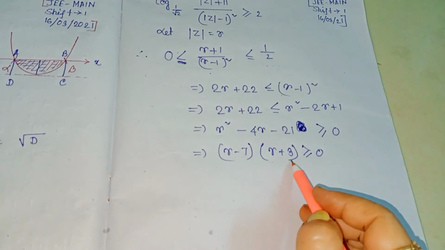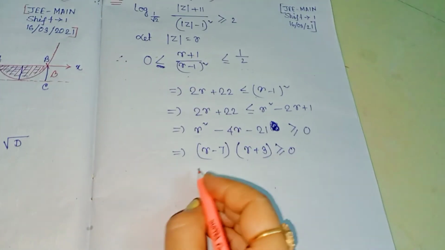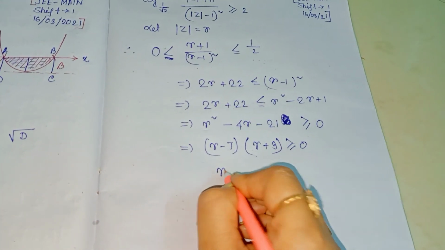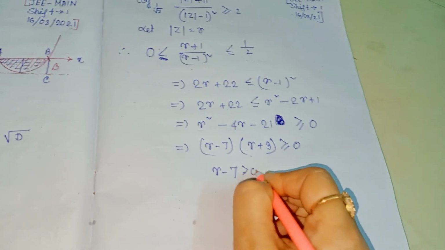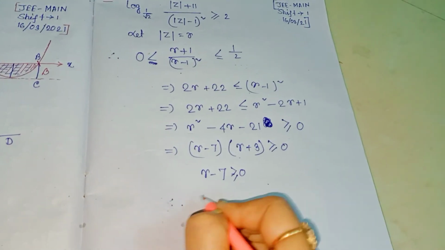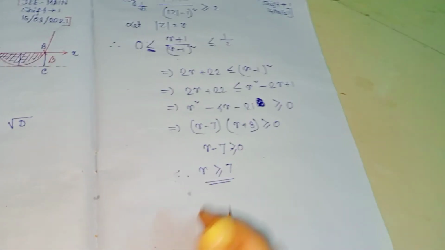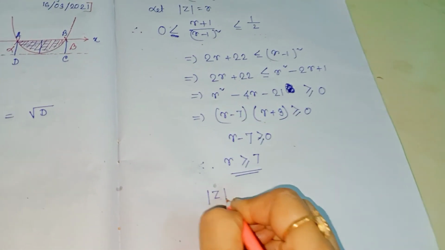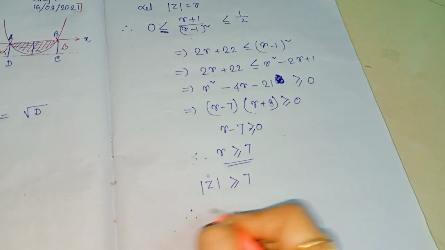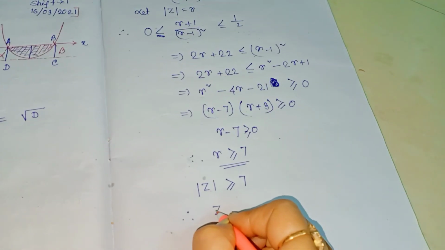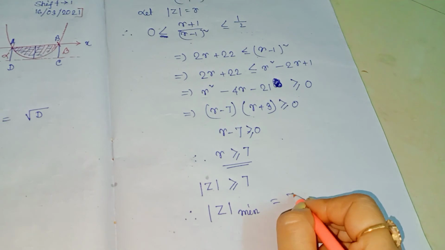So this one is cancelled because r plus 3 is positive here, and therefore r minus 7 is greater or equal to 0. Therefore r is greater or equal to 7. So now mod of z is greater or equal to 7. Therefore mod z minimum is equal to 7.